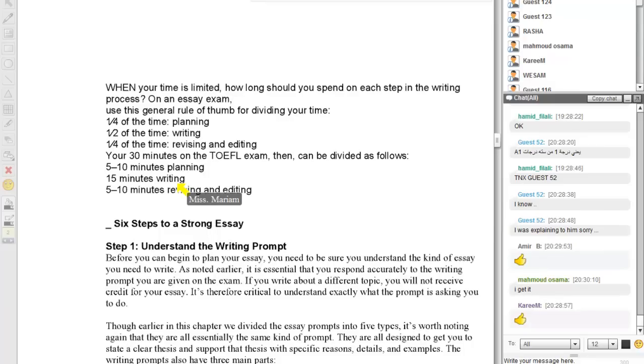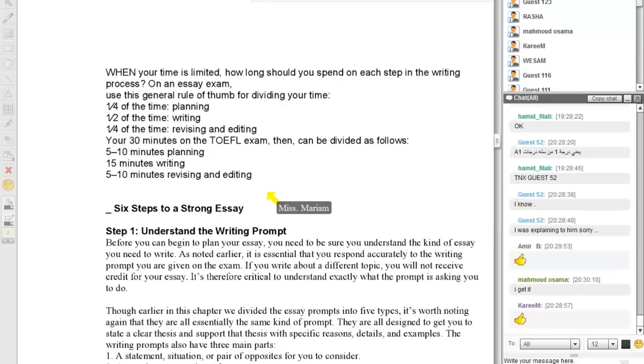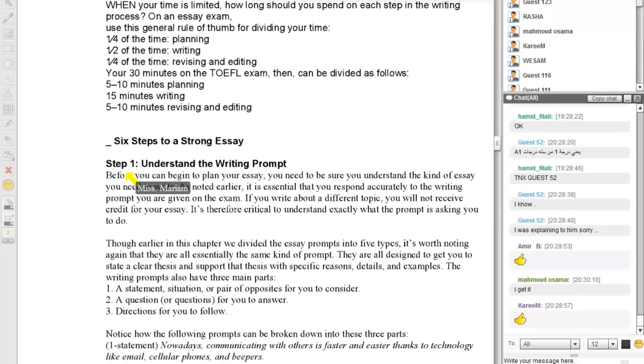This will be enough, because your ideas are clear, and you don't have to try to remember something or find a logical explanation, because you already had all these elements in your plan. Okay, and then 5 to 10 minutes for revising and editing.